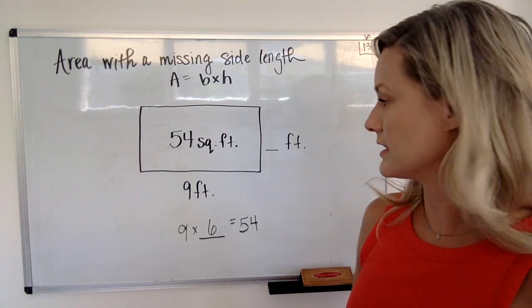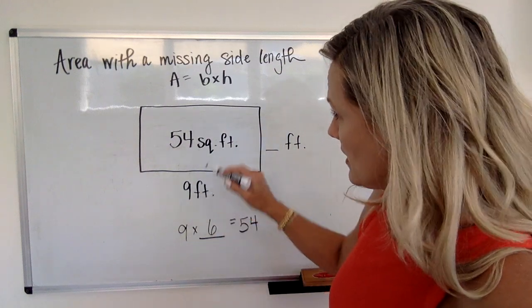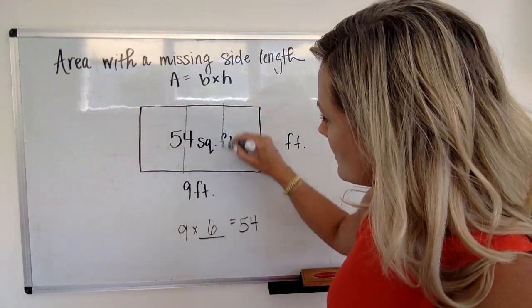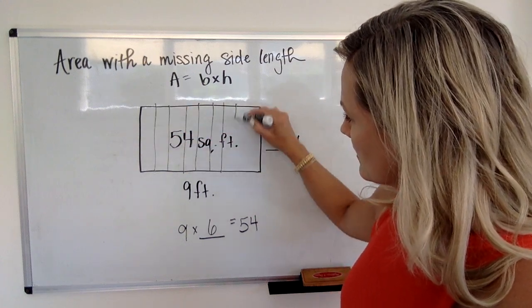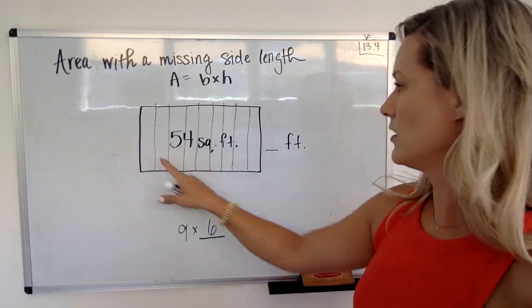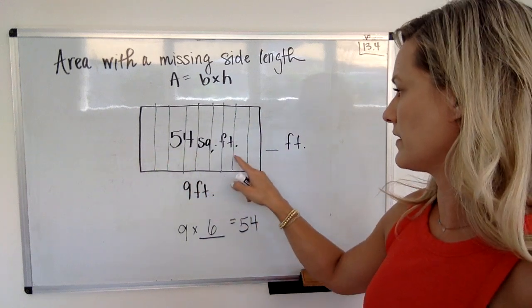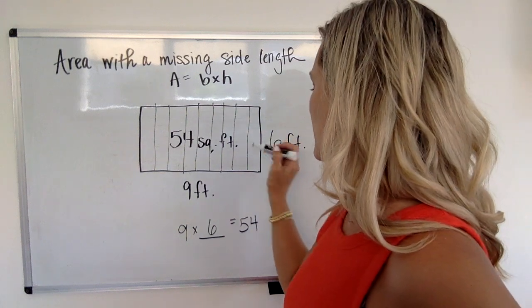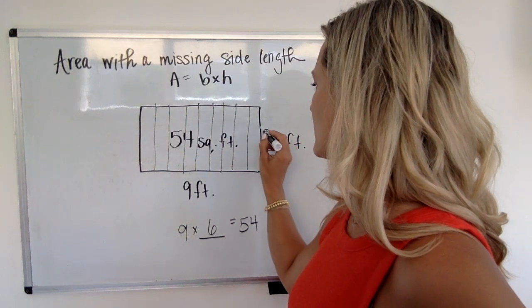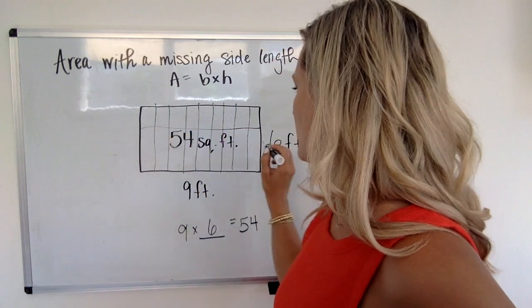And we got it. It is. So again, you could draw 9 columns. 1, 2, 3, 4, 5, 6, 7, 8, 9. And put in 6. I'm using my multiplication facts to help me. So 3 times 2 is 6.